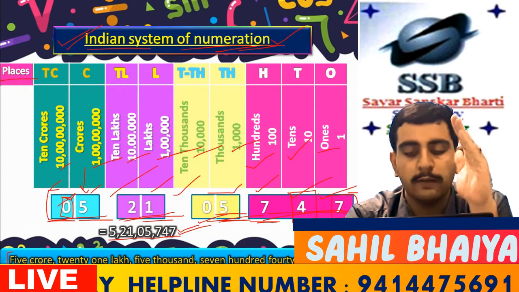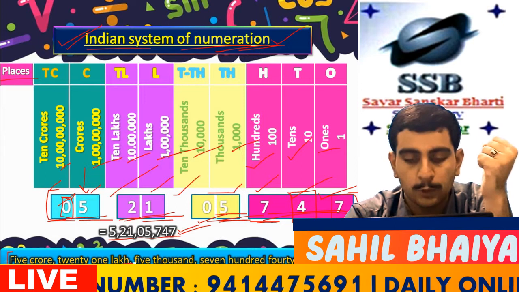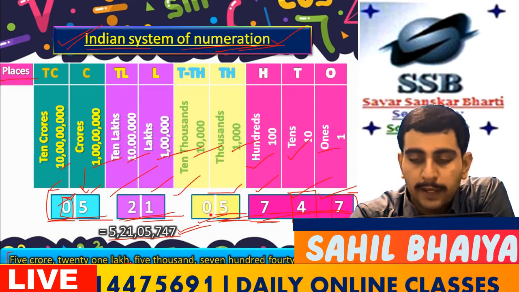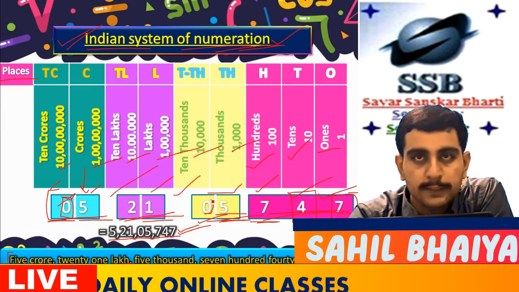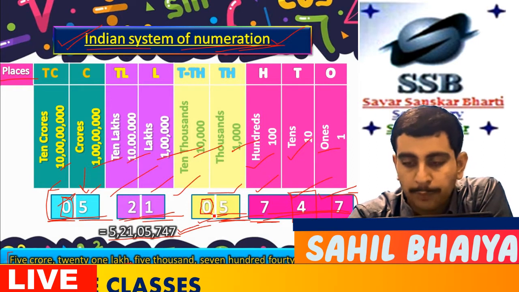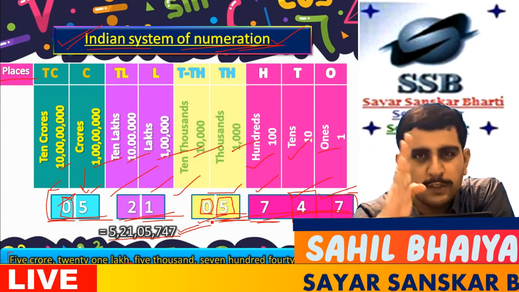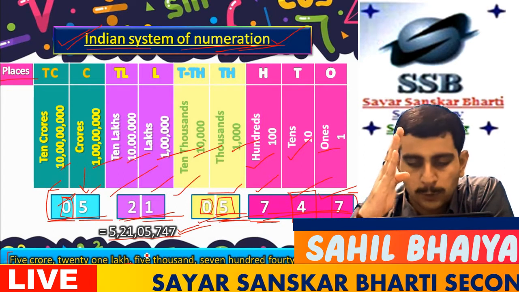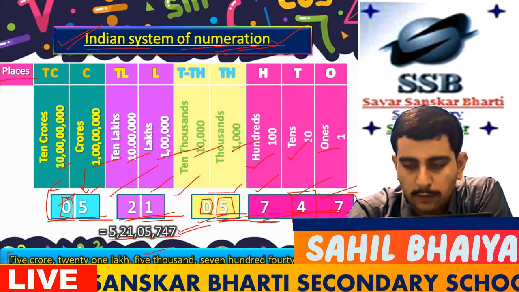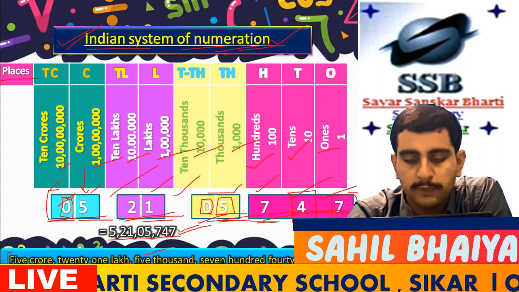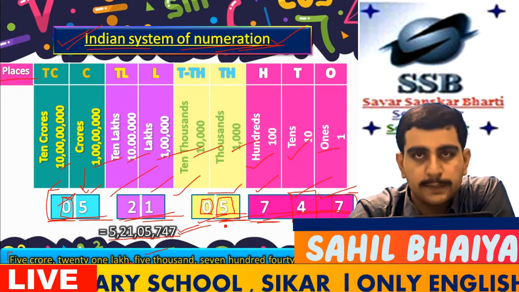Together they become 21, so 21 lakh. Then 0 is at ten thousand and 5 at thousand, together 05, which is pronounced as 5. So we say 5 thousand.